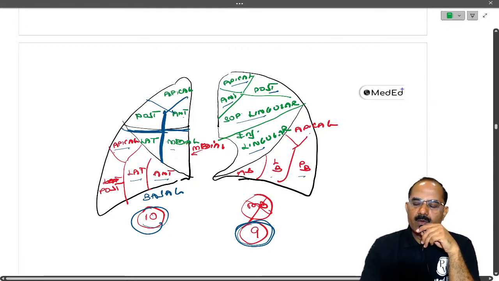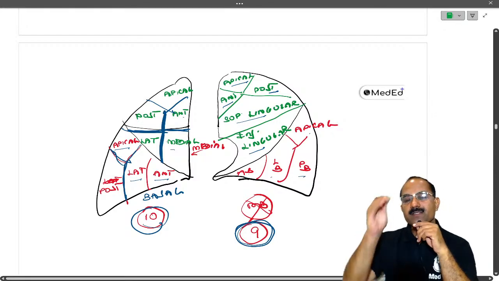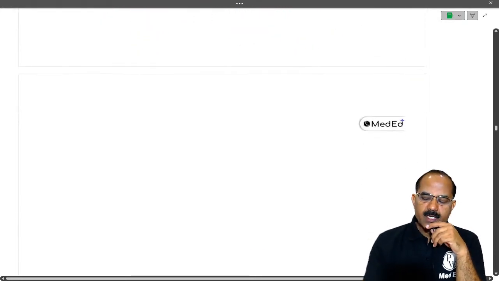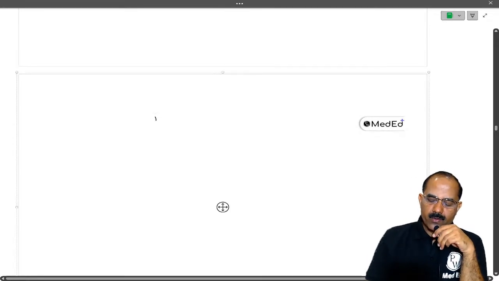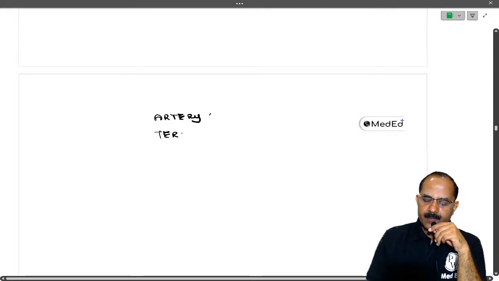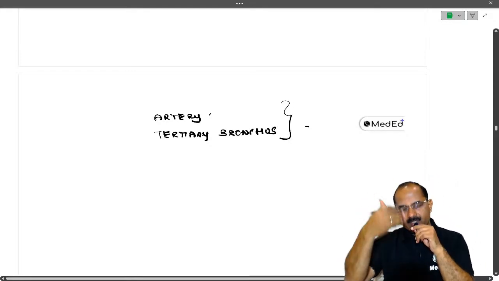Clear? Now, who lies between the bronchopulmonary segments? The pulmonary veins. Just remember, each bronchopulmonary segment has its own artery and tertiary bronchus.